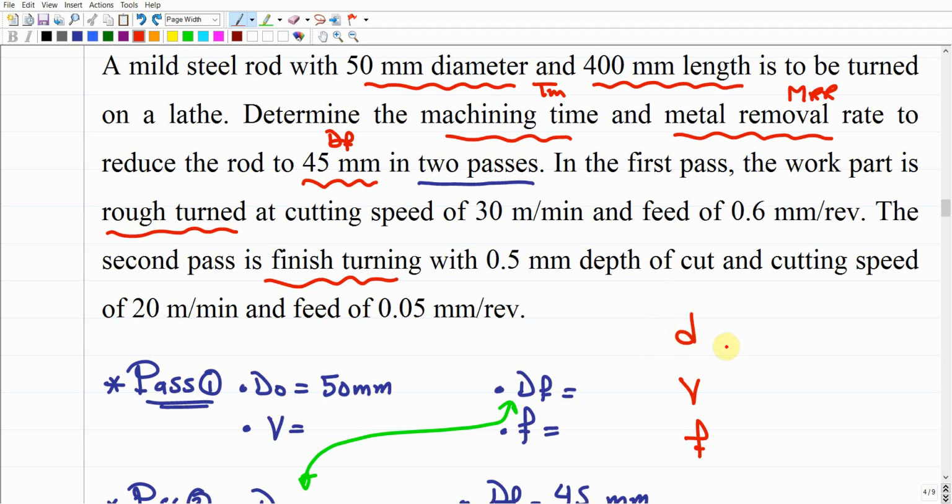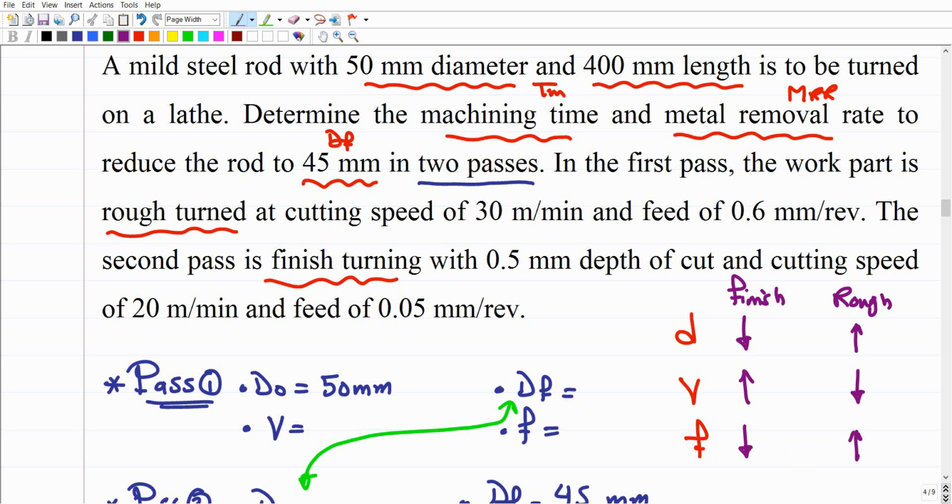So what does it mean? If you need a very good, finished surface, you have to decrease the depth of cut, increase the cutting speed, and decrease the feed. But if you did the opposite, you're going to end up with a rough surface. So a rough surface means that you increase the depth of cut, decrease the cutting speed, and increase the feed.